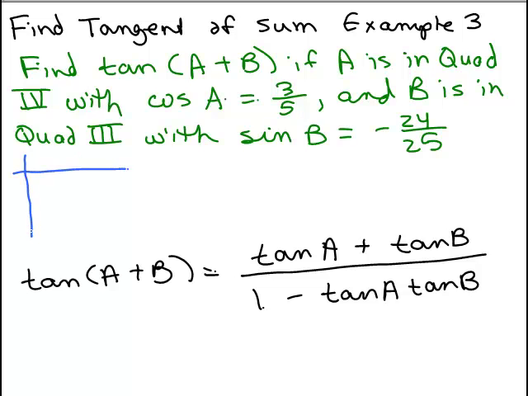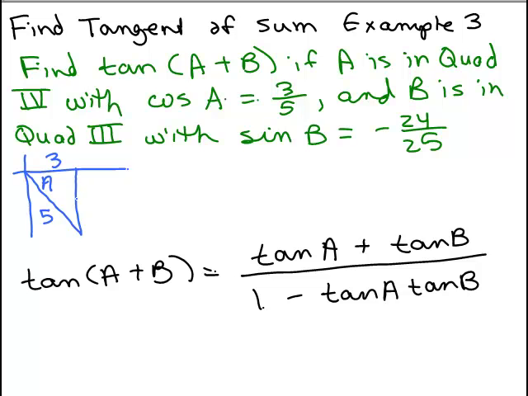And the cosine is 3/5. So I could draw that picture of this is 3 and that is 5. And here's my angle A. And I could just draw A here even though you could think of A as going around. It really doesn't matter. The picture still will help you get the tangent.